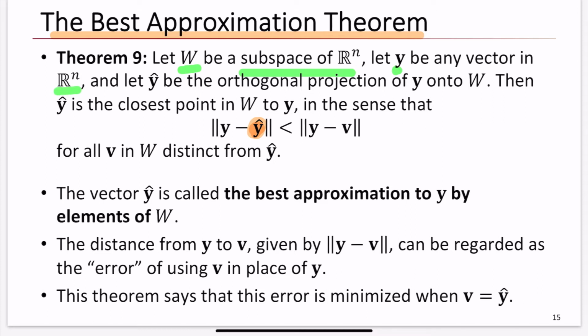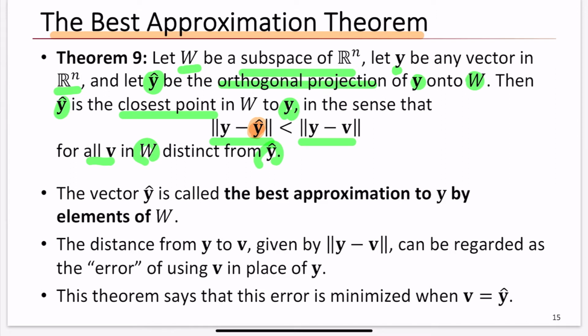Let y hat be the orthogonal projection of y onto W. Then y hat is the closest point in W to y, in the sense that the length of y minus y hat is smaller than the length of y minus v, for an arbitrary vector v in W distinct from y hat.